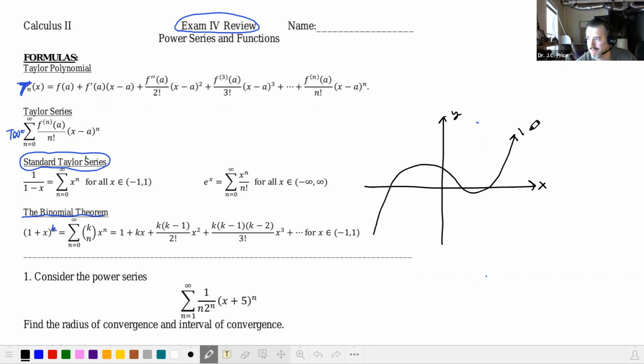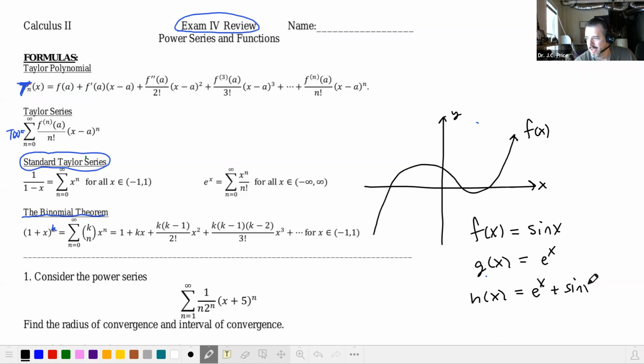We have lots of different ways to write down functions. Sometimes it looks like sine of x. Sometimes it looks like e to the x. Sometimes it looks like a combination of these two. You could just add them if you wanted to, e to the x plus sine of x. And they all look a little bit different.